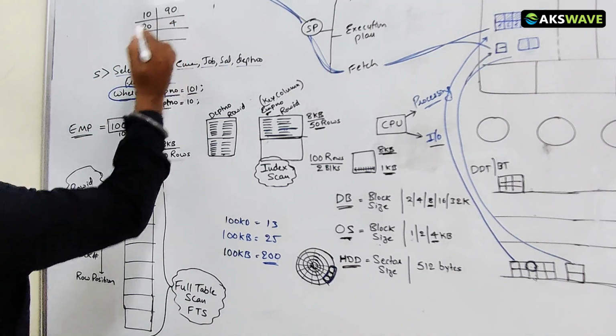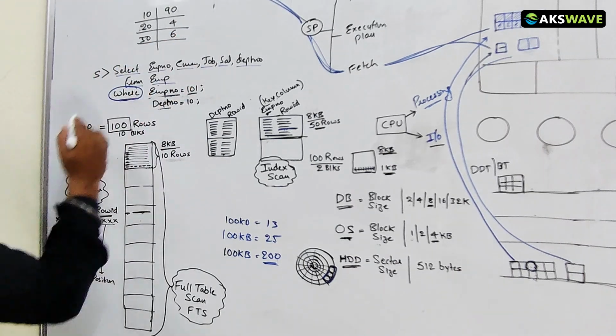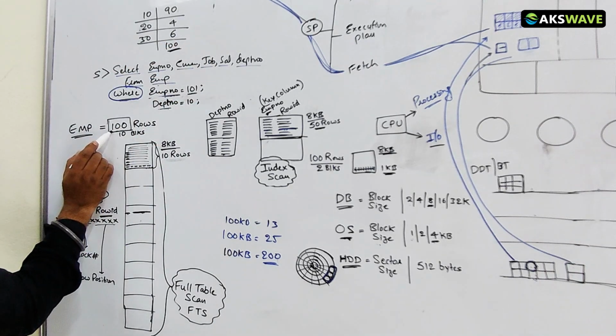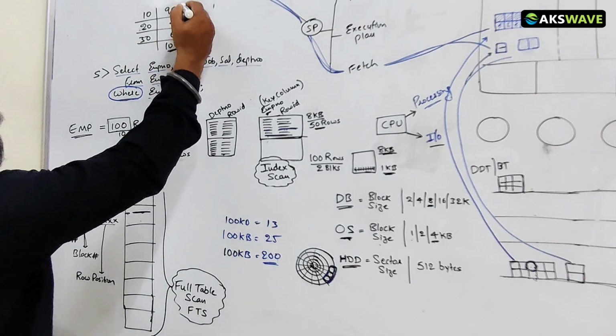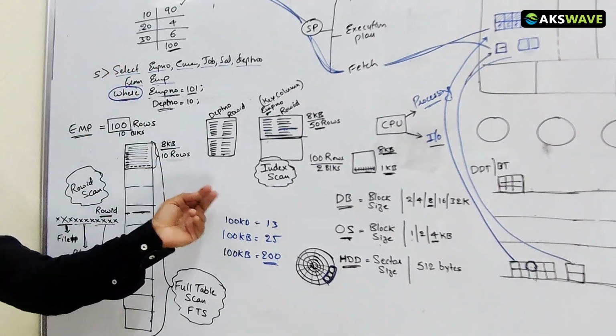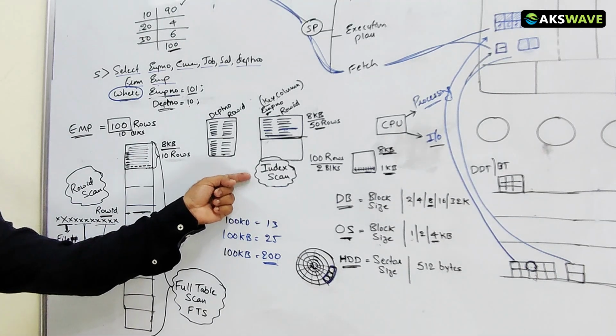Department 20, we have only 4 employees. Department 30, so total how many employees? So how many rows do you have? 100. So department 10, how many rows are there? 90 rows.